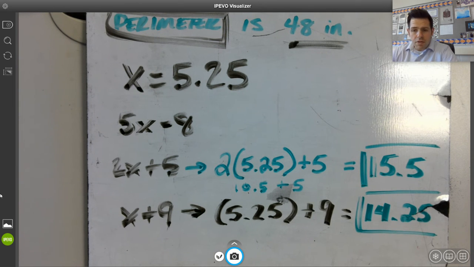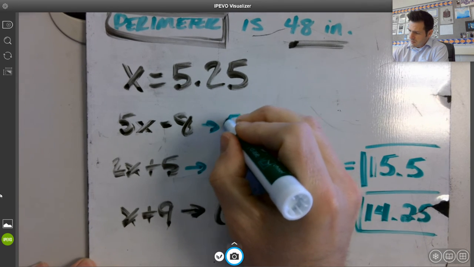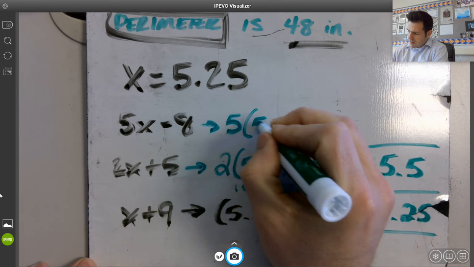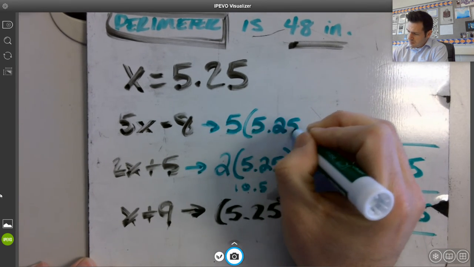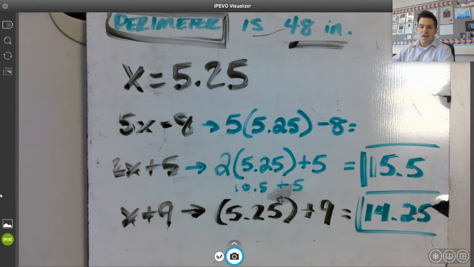So we have 2 of the 3 side lengths for this triangle. One side's 14.25, another side's 15.5. So let's go ahead and just take the value x, 5.25, plug it into that last expression up there. 5, and then I have my variable x, plug in, use parentheses. 5 times 5.25, that's kind of tricky to think about.